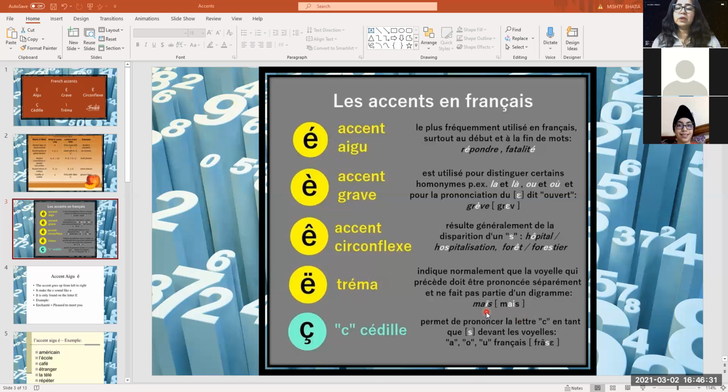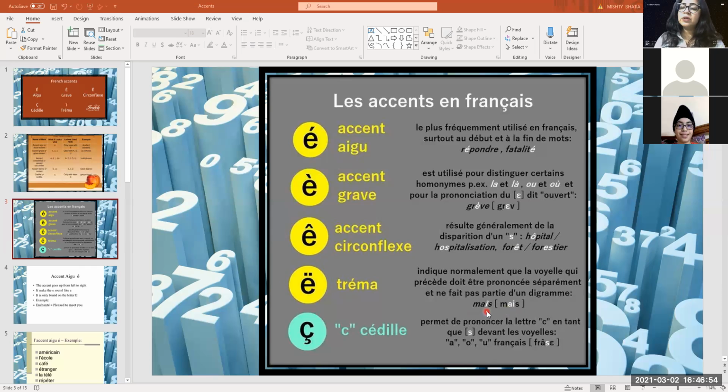Can you see it properly? Should I make it bigger? Okay, so do you see mais? The first one is used with accent, right? And the second one is used without accent.